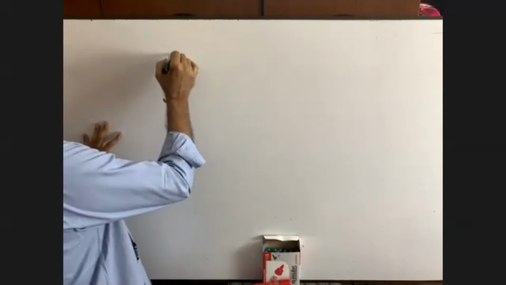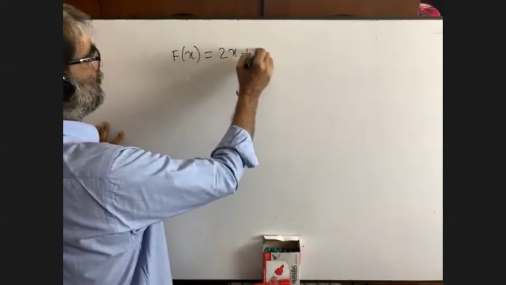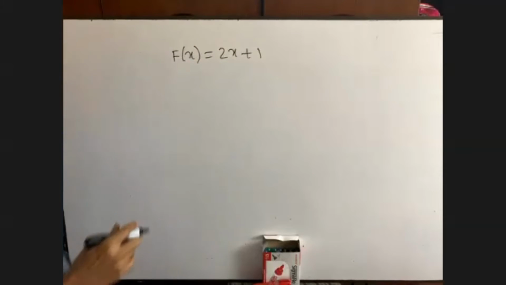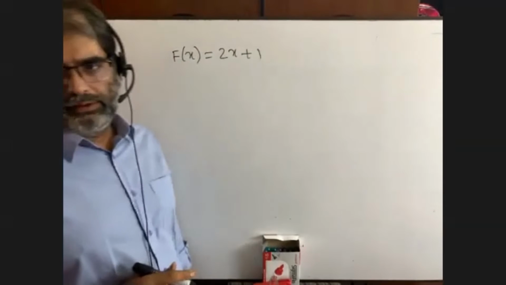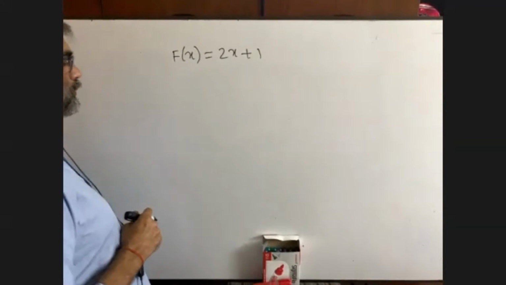So now we will do some maths on one function. Suppose a function is given, f of x is 2x plus 1. The question is, is it a one function or not? What is to do?